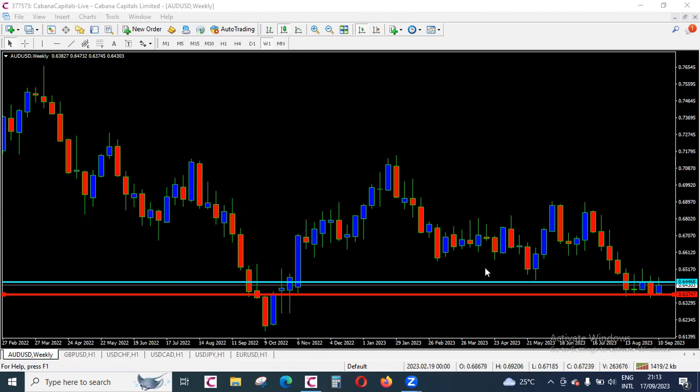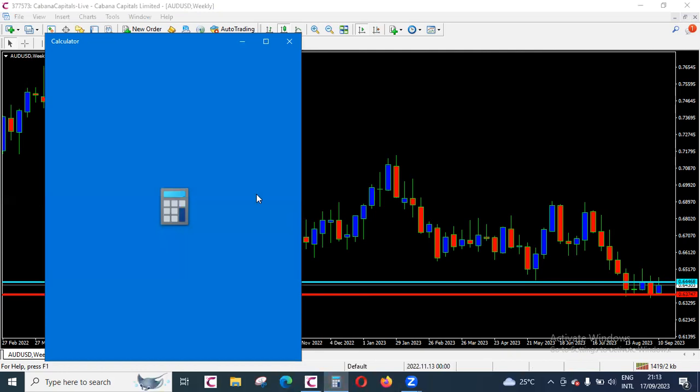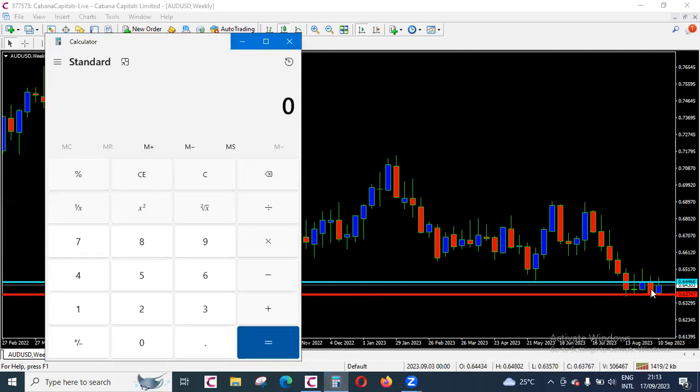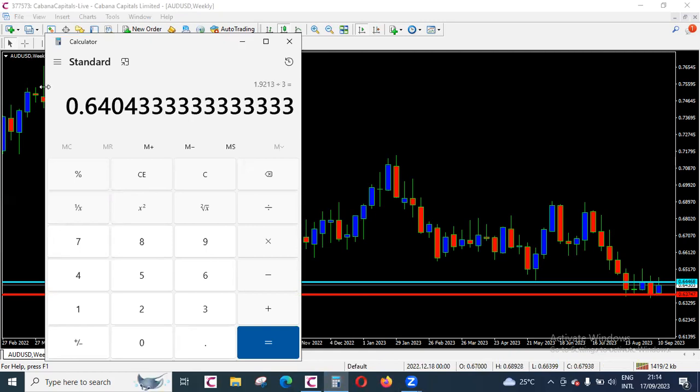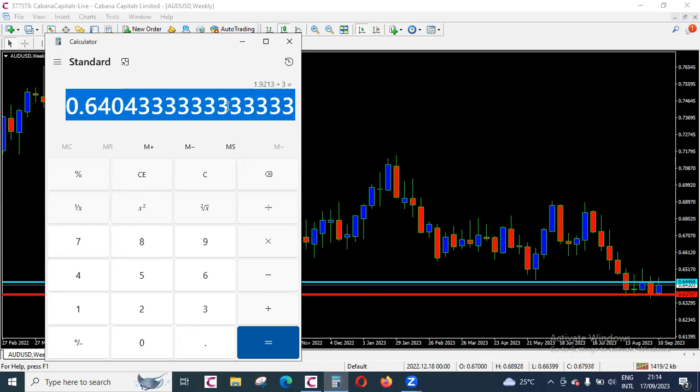I'll use my phone calculator. So our pivot value is 0.6404.